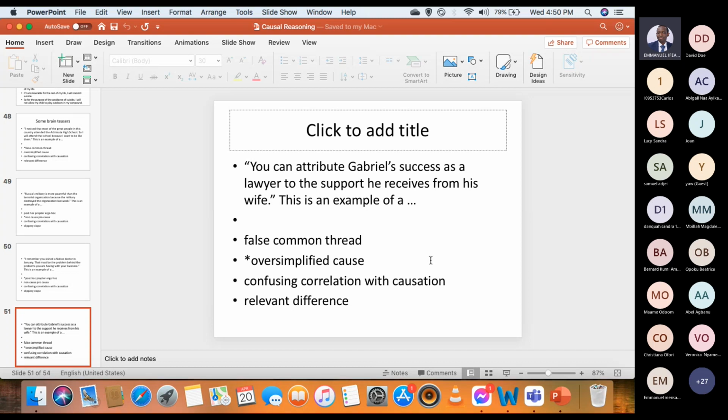But the support from his wife alone cannot make him a successful lawyer. If his wife is supporting him and Gabriel is not serious, he cannot be a successful lawyer. So he himself has a role in his success because he is serious about doing what he should do to be successful. And then he also has the support from his wife.